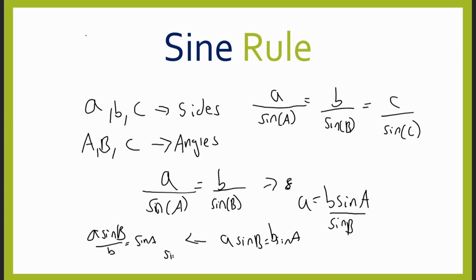So you're going to get sine B over b equals sine A over a. And you can prove that for c as well, and you're just going to get sine C over c.